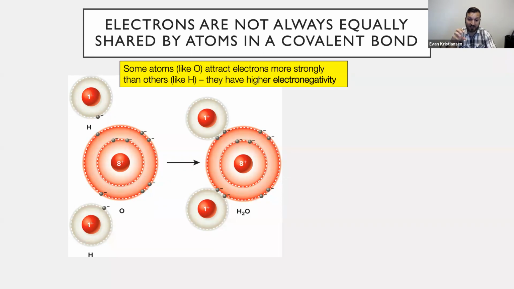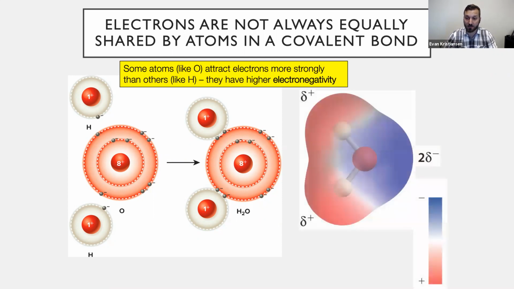Oxygen is quite a lot stronger at attracting electrons than hydrogen atoms are. We call this feature electronegativity. So oxygen atoms are better at attracting electrons than hydrogen atoms, and we call them more electronegative.